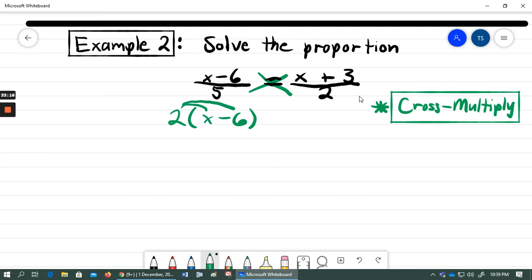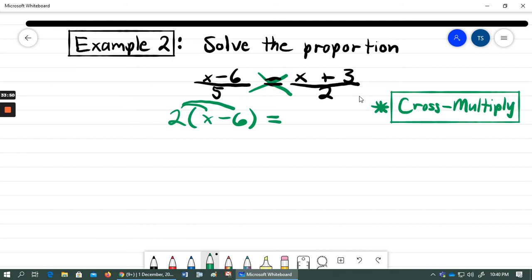Don't just try to multiply the 2 times the x, and don't just try to multiply the 2 times the negative 6. You need to distribute the 2 to both of those. That's the distributive property. Don't act like you don't remember how to use the distributive property. Don't act like I didn't say it 4 or 5 times that you have to distribute the 2 into that. Okay, anyway, let's move on.